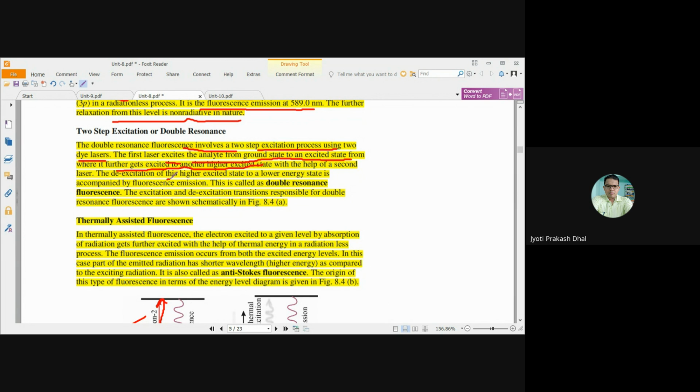The de-excitation of this higher excited state to a lower energy state is accompanied by fluorescence emission. This is called double resonance fluorescence.